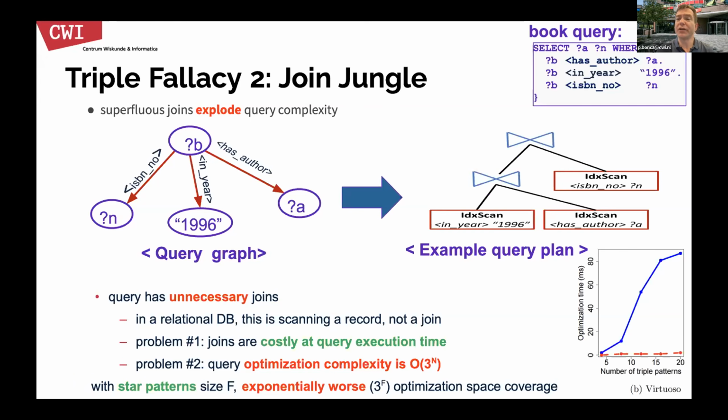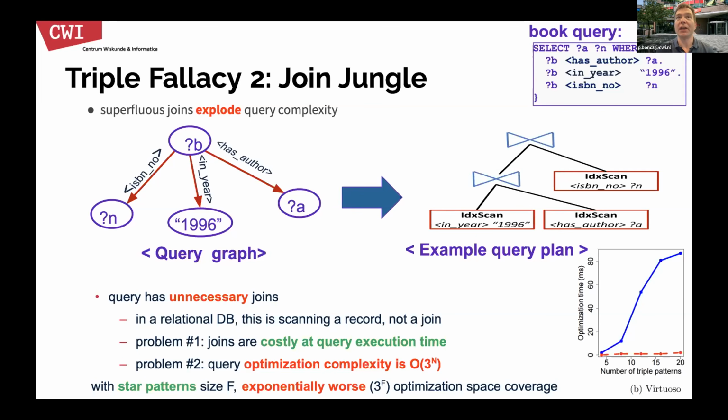And there are 2 reasons why this is bad. Reason 1 is that join is one of the more costly execution operators in a database system. So more joins is not good. The second reason is that query optimization complexity is exponential in the number of joins. So if you are significantly increasing the number of joins in your query, this query becomes exponentially harder to optimize. And you also see the optimization time in Virtuoso dramatically increase with the number of triple patterns.